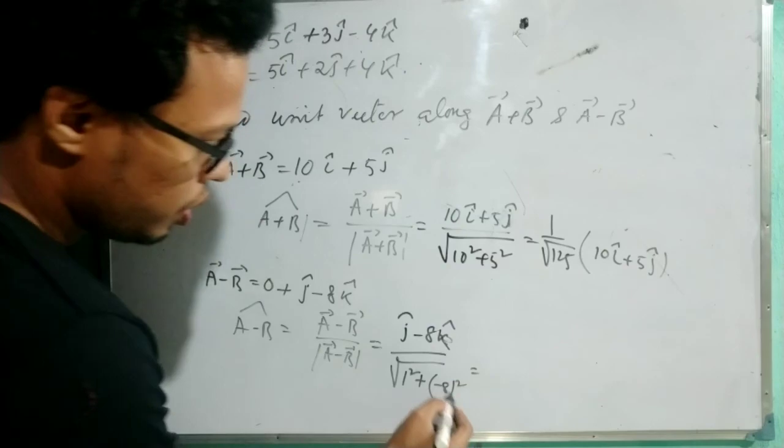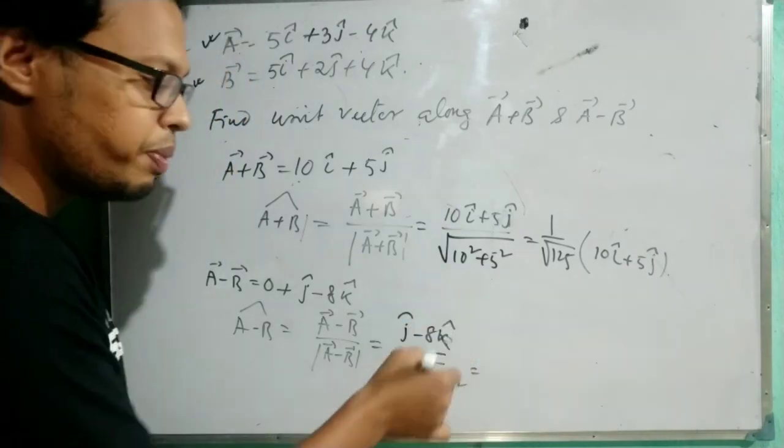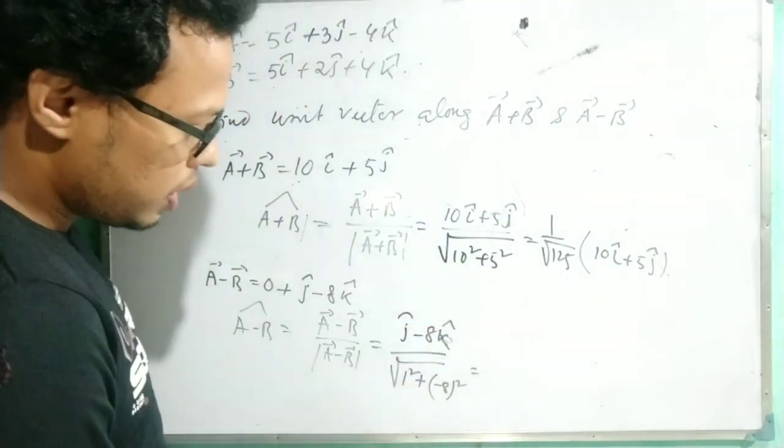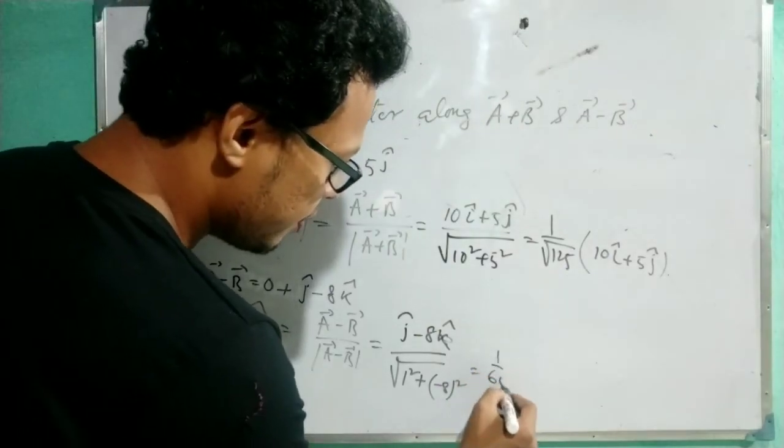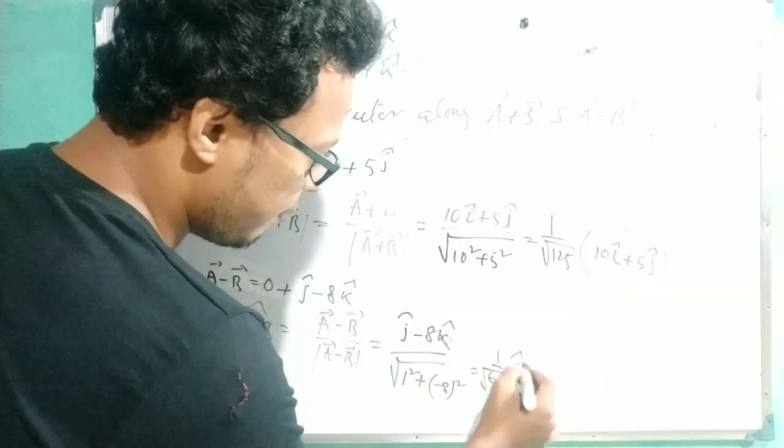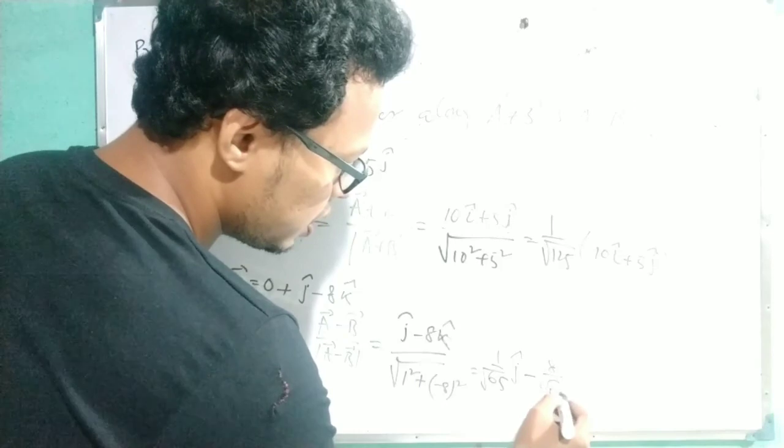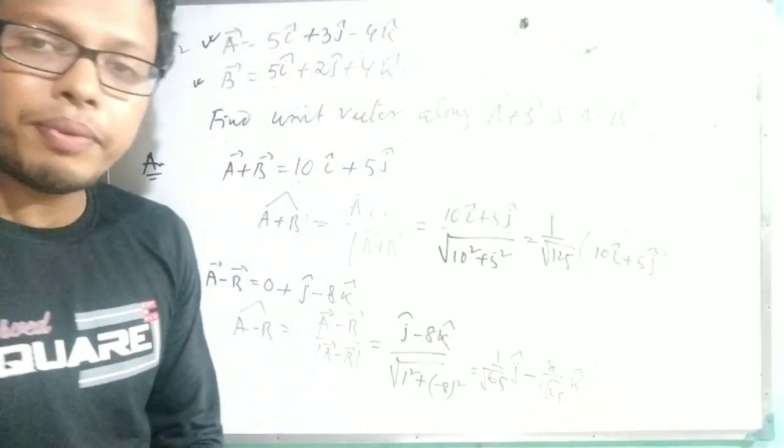Minus 8 whole square is 64, plus 1, 65. So 1 by root 65 into j cap minus 8 by root 65 into k cap. This is the answer.